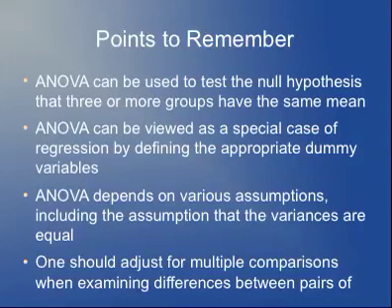So, things to remember for today: you can use ANOVA to test the null hypothesis that 3 or more groups have the same mean. It actually works when there are only 2 groups, although you can just use a t-test in that case. It can be viewed as a special case of regression if you define the appropriate dummy variables, and it depends on various assumptions, including equality of variances, which usually isn't that big of a deal.